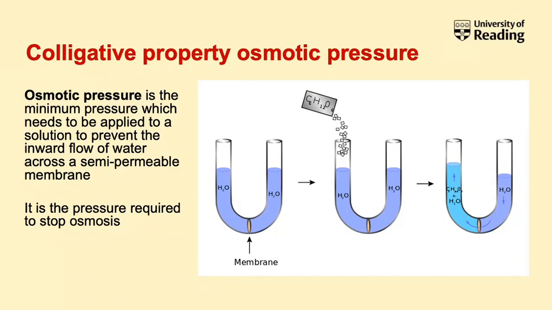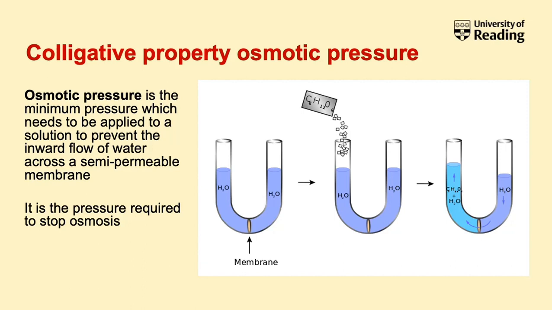To explain colligative properties, I'm going to focus on the example of osmotic pressure. Osmotic pressure is the minimum pressure which needs to be applied to a solution to prevent the inward flow of water across a semi-permeable membrane. In other words, it is the pressure that would be required to stop osmosis.